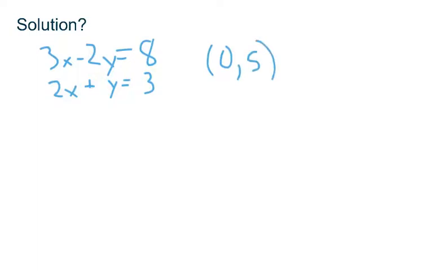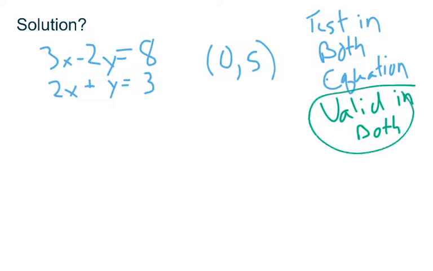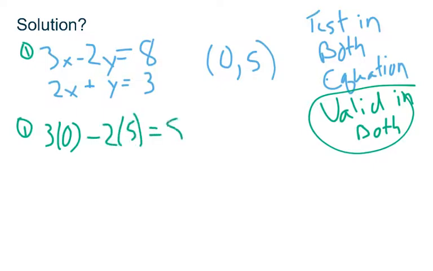What we will do is test this point in both equations, and it needs to be valid in both. If so, it's a solution. I'll take my top equation right here, and I'm going to put in 0 for x, and then minus 2 times 5 for the y, equals 8.